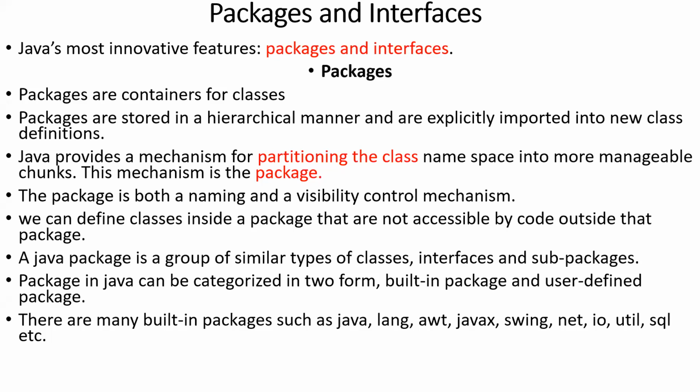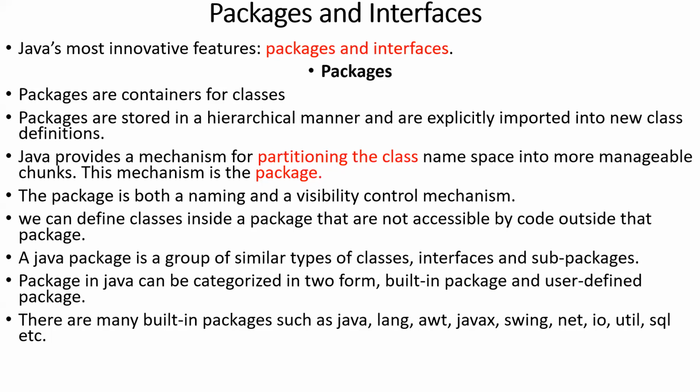Next, for the fifth point, the package provides the naming and visibility controlling mechanism. Here in Java, file names, class names and package names are very important, because based on the names only, at runtime, the respective class and bytecode will be identified and executed.